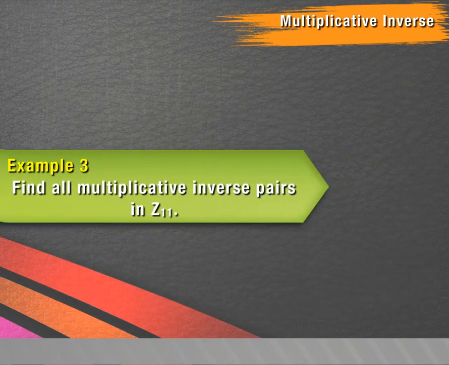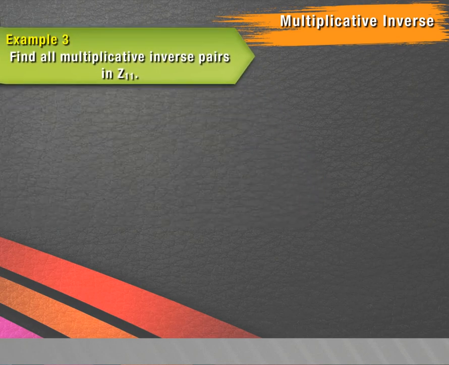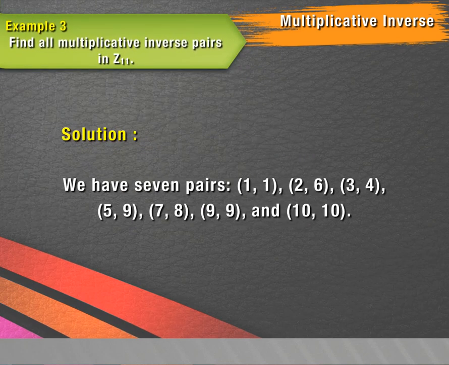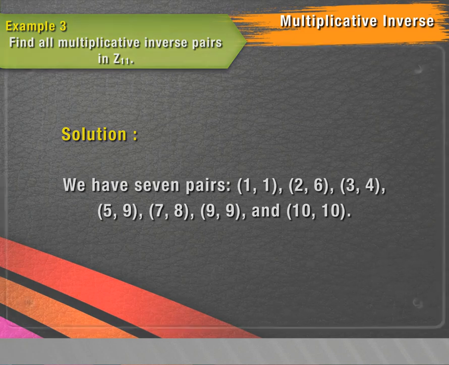Example 3. Find all multiplicative inverse pairs in Z11. Solution. We have 7 pairs: (1, 1), (2, 6), (3, 4), (5, 9), (7, 8), (9, 9) and (10, 10).